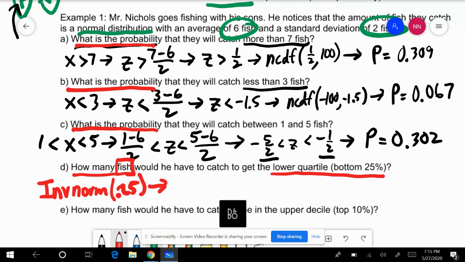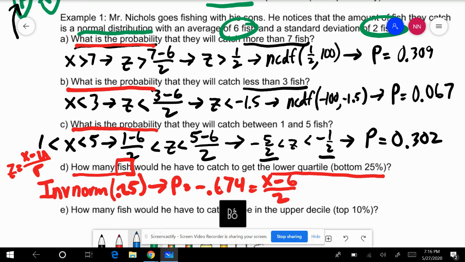And that right there is going to give us a p-value. Our p-value is negative 0.674. Then what we're going to do is use the formula z equals x minus the mean divided by the standard deviation. So we take our p-value, we set it equal to x minus the mean divided by the standard deviation.